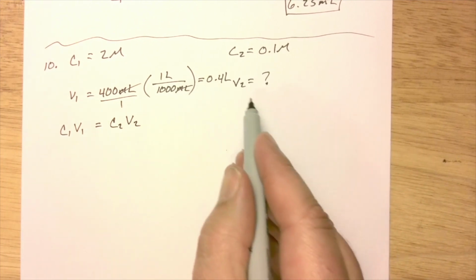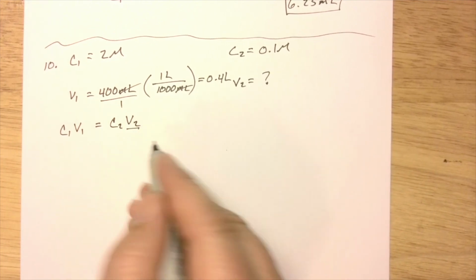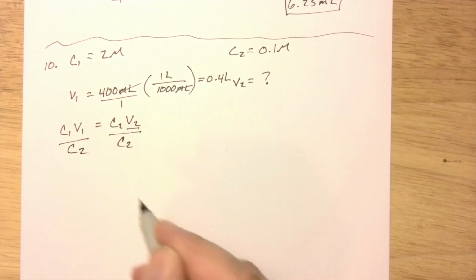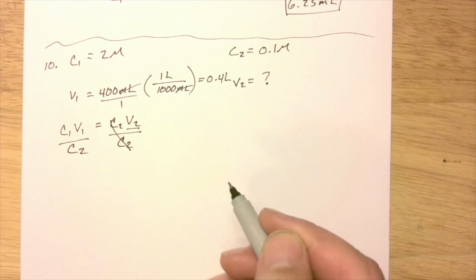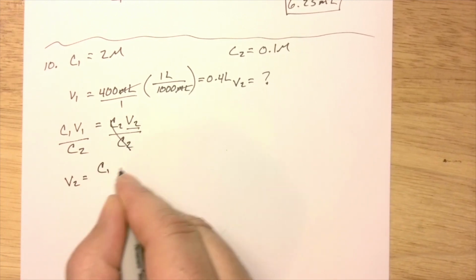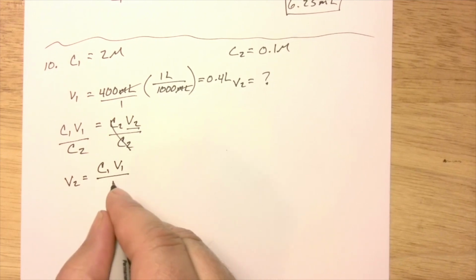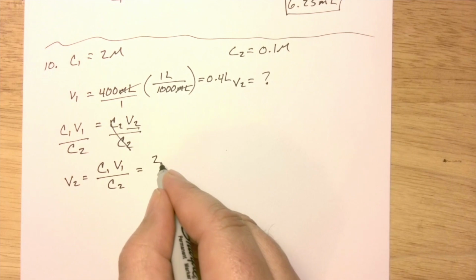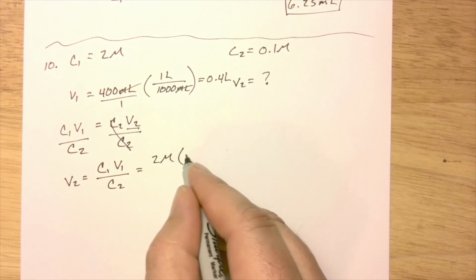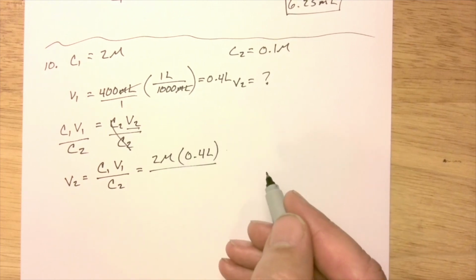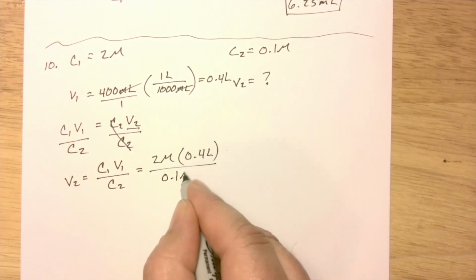We're trying to solve for V2, so we have to get rid of the C2. So V2 is equal to C1 times V1 all over C2. C1 is 2 molar, V1 is 0.4 liters, and C2 is 0.1 molar.